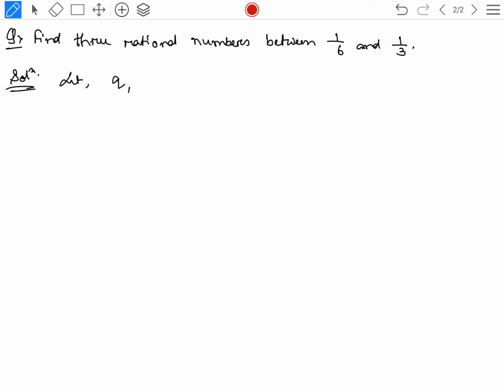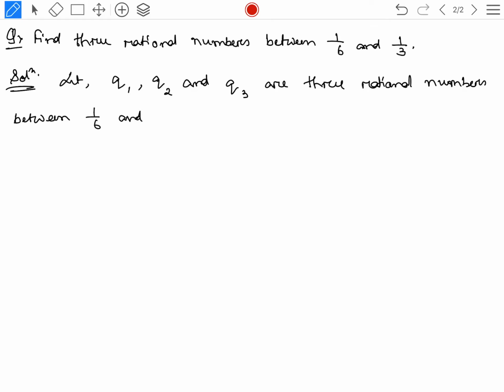First you will write, let q1, q2 and q3 be three rational numbers between 1 by 6 and 1 by 3. I am representing the rational numbers by q1, q2 and q3.